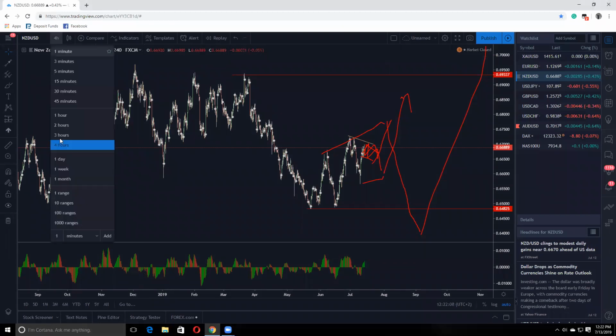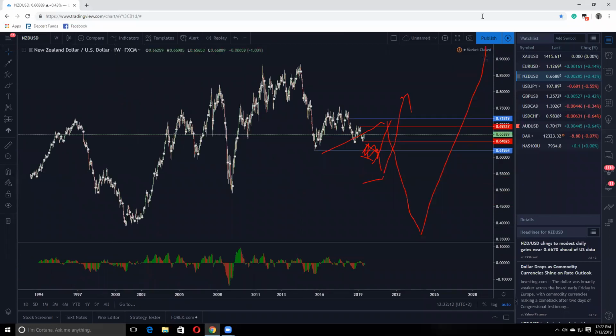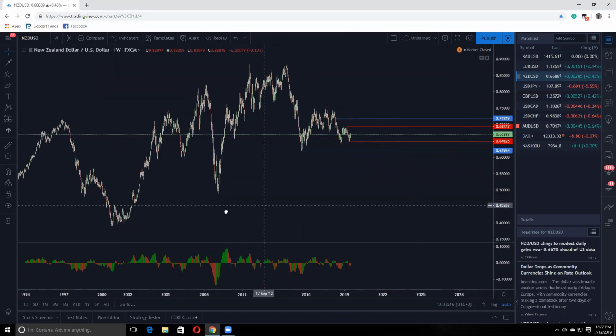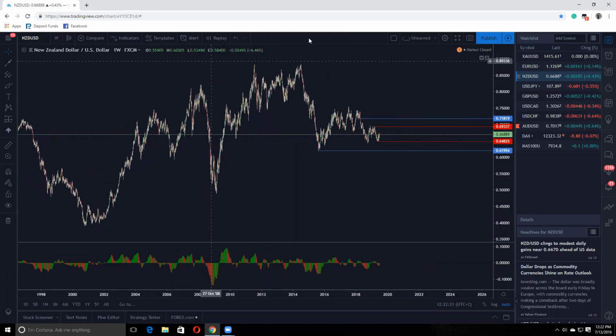But looking at the bigger structure, let's go on weekly. I want to show you something on weekly. The market will always do this, guys. We have 1, we have our A, we have our B, that is possibly still in progress, and C, we do not yet have, but it's possible.